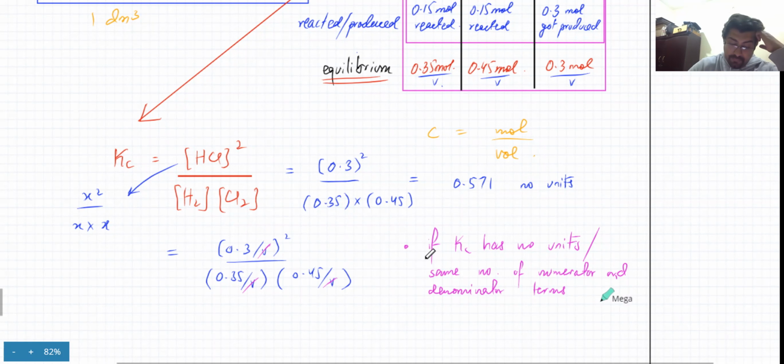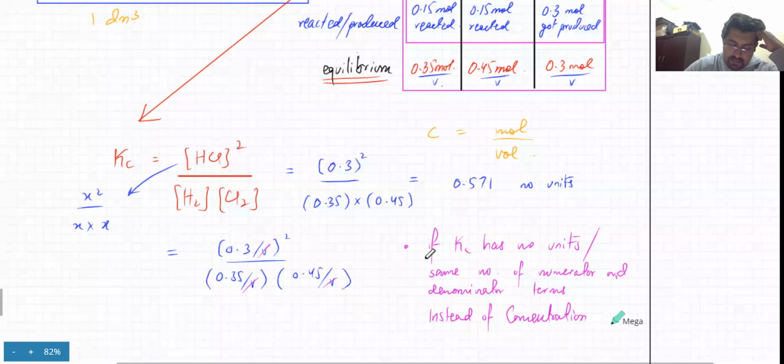So in this case, instead of concentration, you can use moles directly.